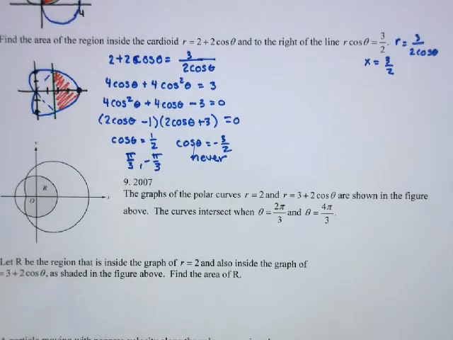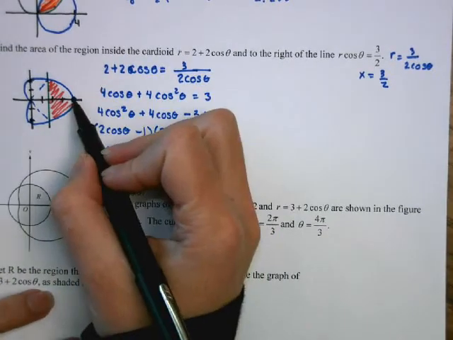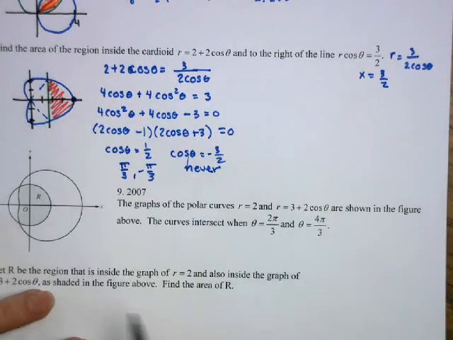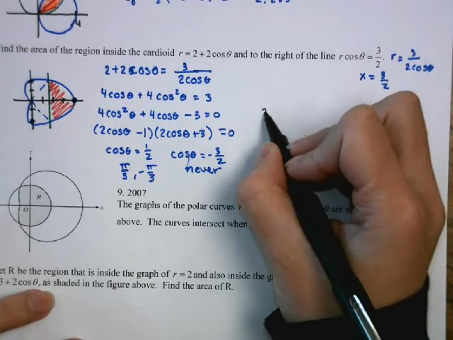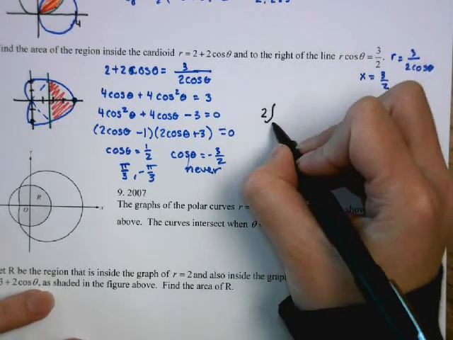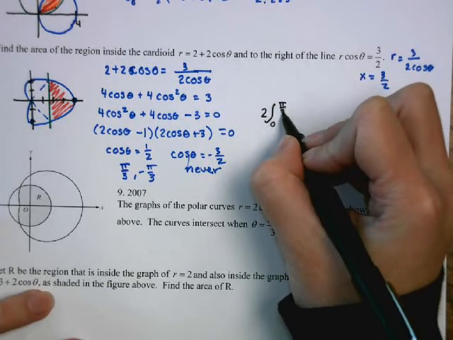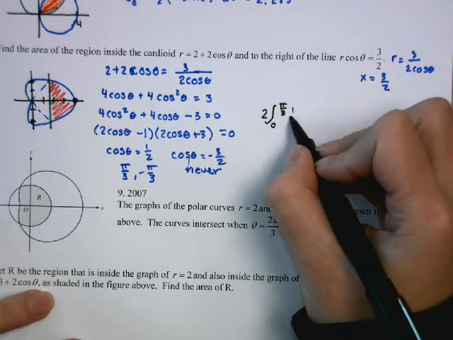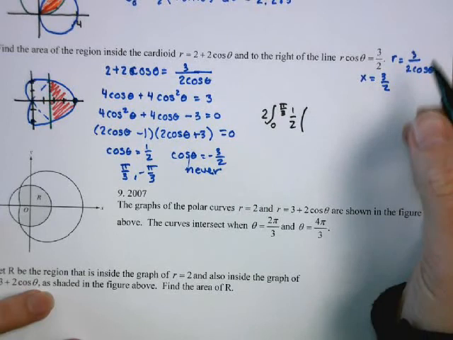I am again going to use the symmetry to simplify this. So rather than doing this whole thing from negative pi over 3 to pi over 3, which you could absolutely do, I'm just going to double the integral from 0 to pi over 3. And then it's going to be 1/2 the outside squared minus the inside squared.